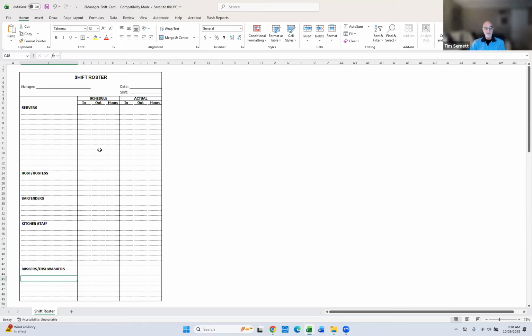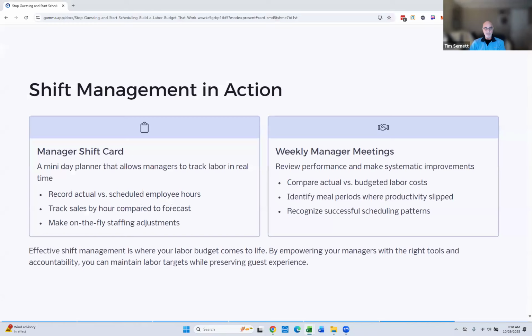You move around this roster as the day goes, and it allows them to make adjustments. And also based on actual sales versus projected sales, or actual customer counts versus projected customer counts, maybe you need to send some people home if the weather turns bad and you've got a snowstorm on your hands all of a sudden. Those are goofy examples, but they apply.